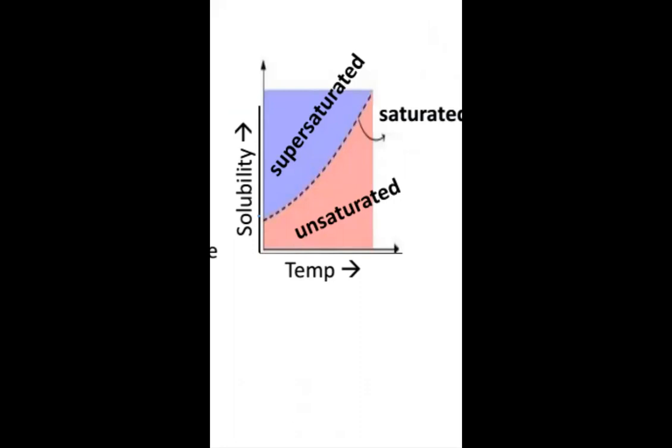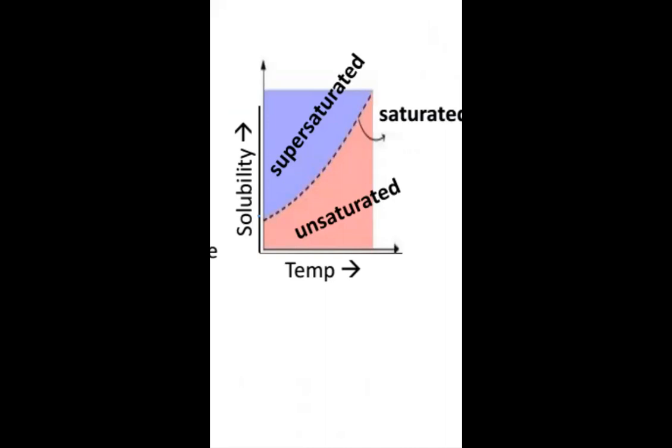whenever you have a point on that line itself, it means that the solution is said to be saturated. So whenever you have a point on the line, the solution is saturated.